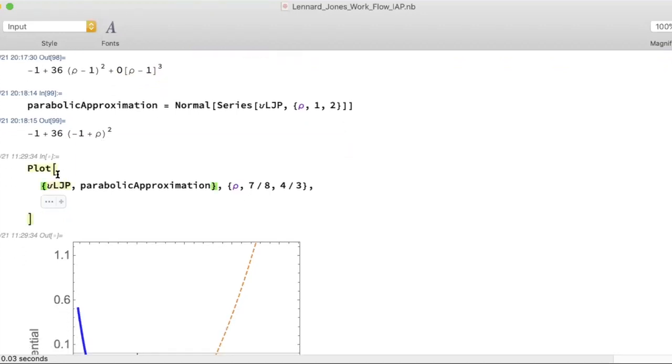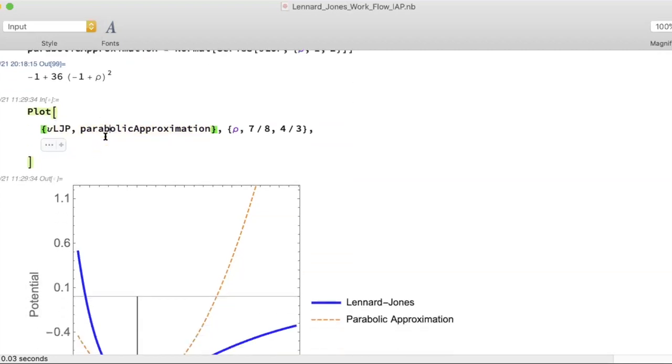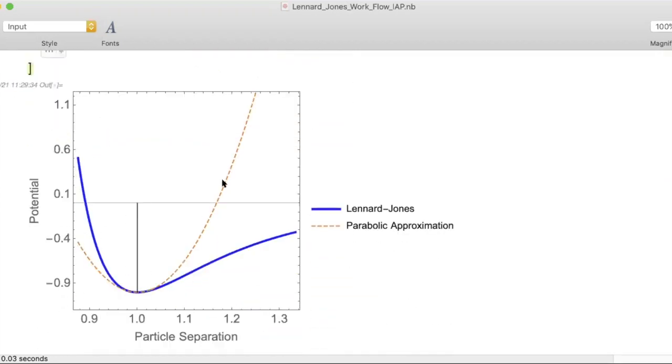So I have my original potential, I have my parabolic approximation, and here's the plot sitting here. So here's our parabola. We're going to be able to solve this differential equation associated with this harmonic oscillator. And then the problem that we really want to solve is the problem that is this blue line that's sitting here. Okay, so let's go solve the problem that we can.